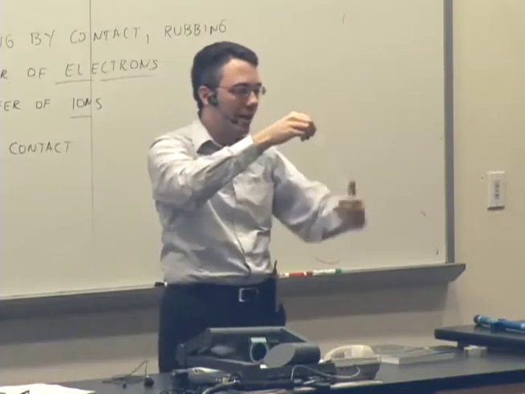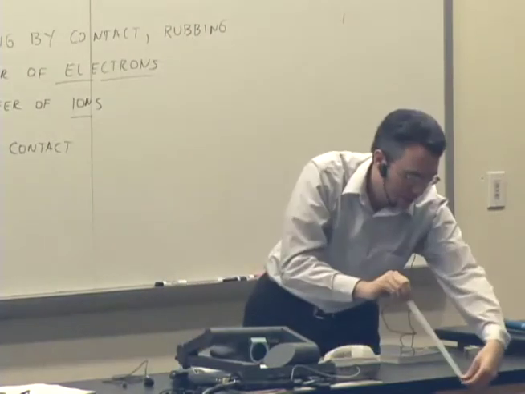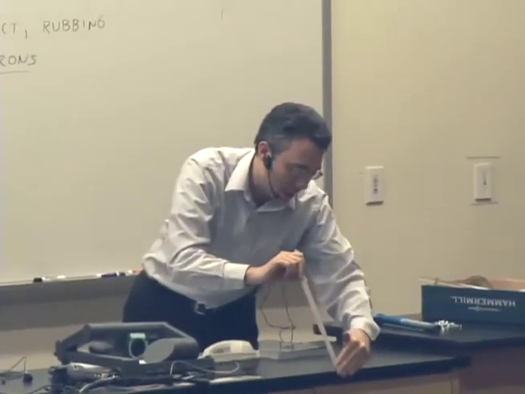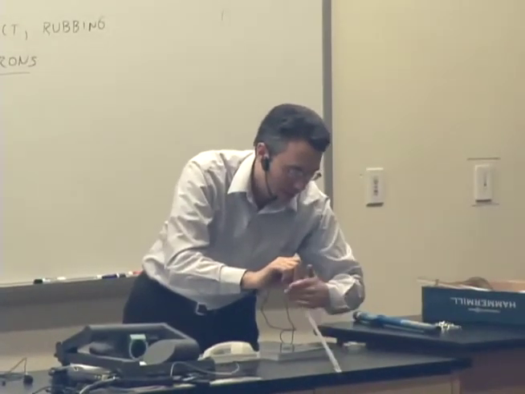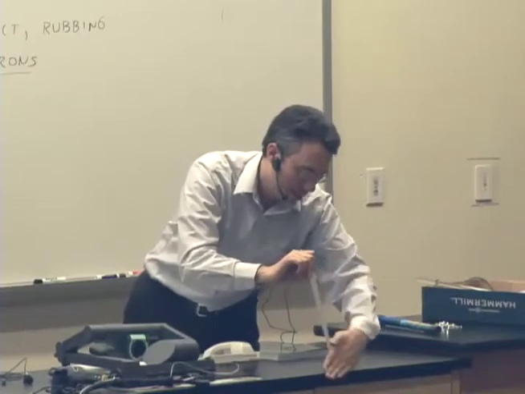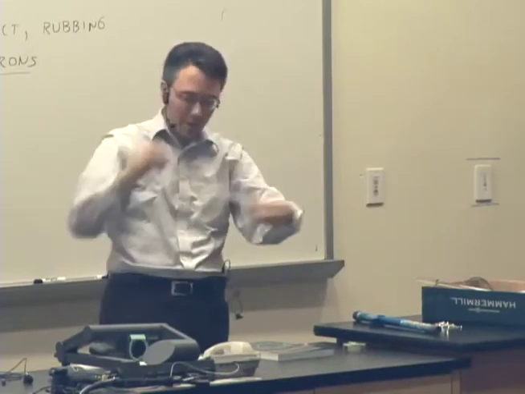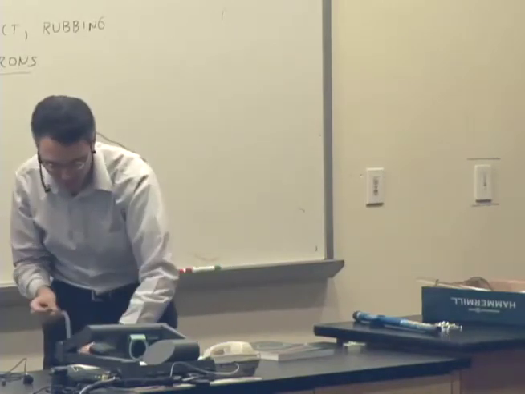But then I take my fingers and rub the slick side of the tape. And now it's still got a little bit of charge on it. Let's see if I can get rid of it more.